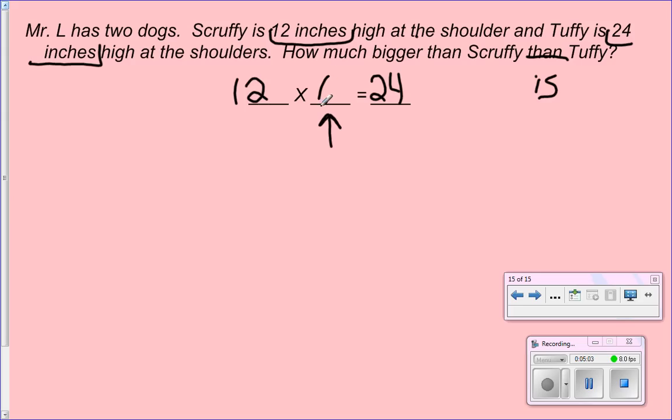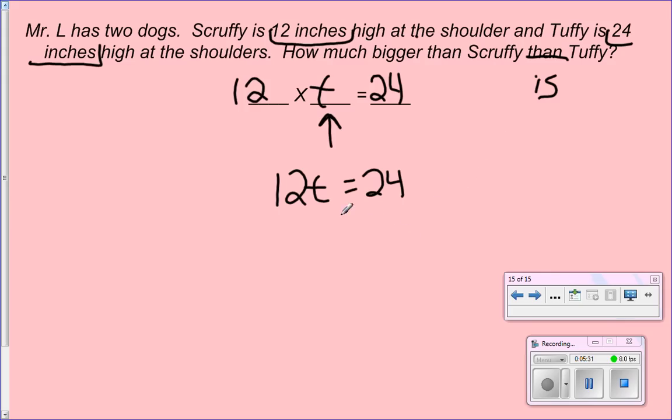So I'm going to use T. That's my variable. Scruffy's height times some number gives us Tuffy's height. So I would write this as 12T equals 24. You can write it as 12 times T. That's definitely representing the problem. Often we'll drop that multiplication symbol in there as we continue to develop our equation solving skills.